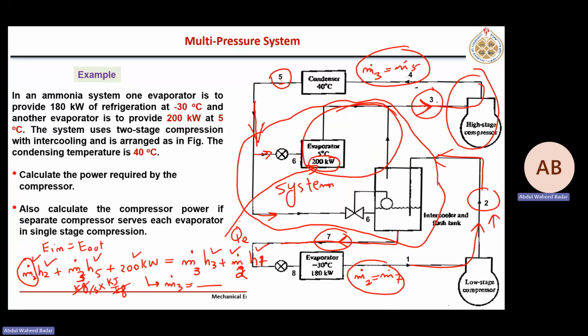Every other thing is very similar to what we did in chapter 2. So it's clear that that's how we calculate m dot 3, by writing energy balance on a system which we will choose appropriately. Right. Any question?